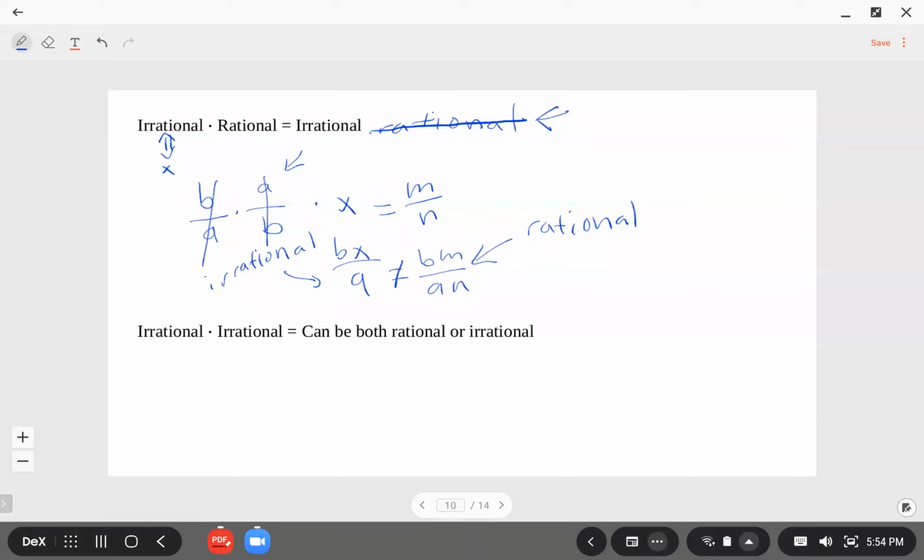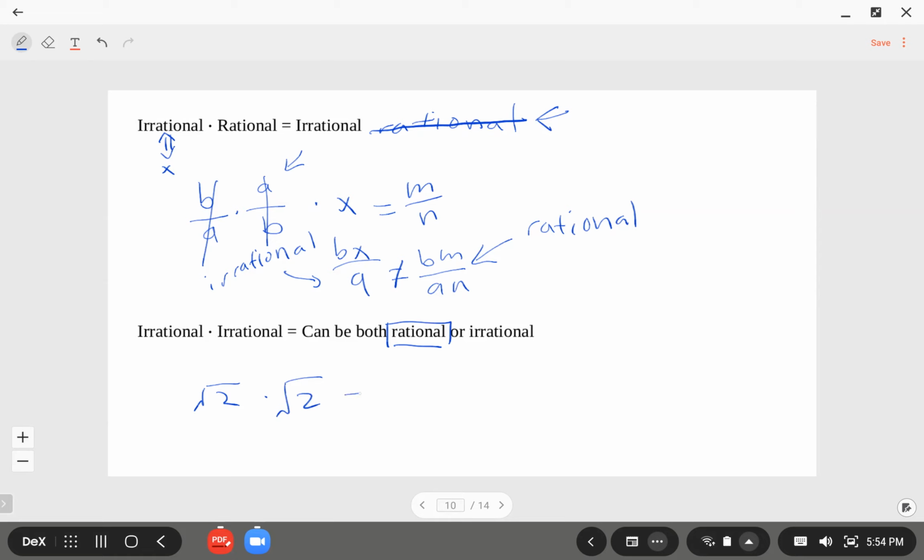So now the last rule is a rational times an irrational can be both a rational number or an irrational number. So let's try to go for a rational number right now. So let's say square root of 2 is an irrational number times another irrational number.